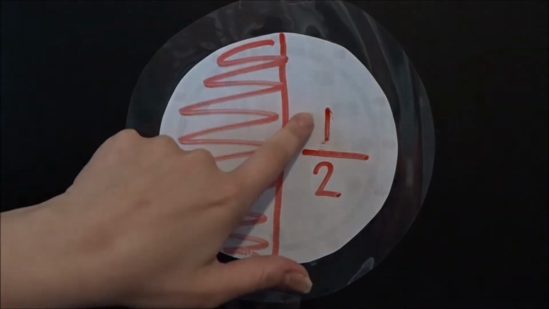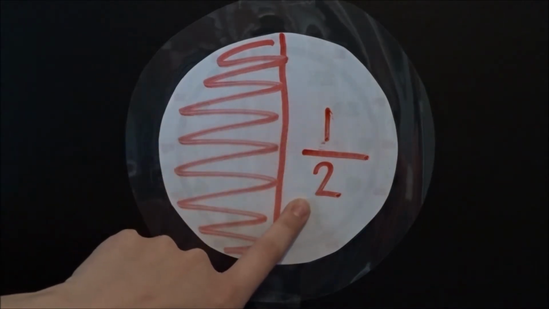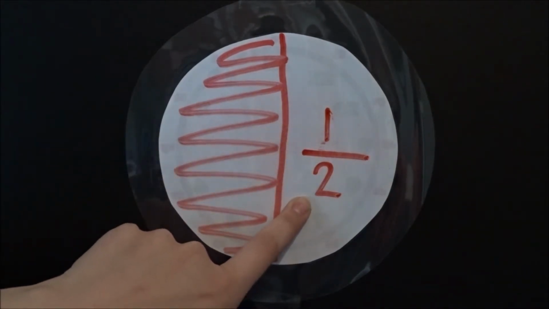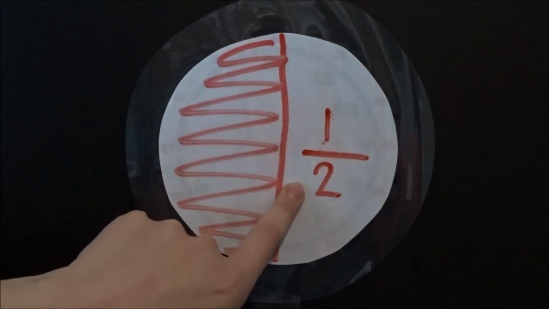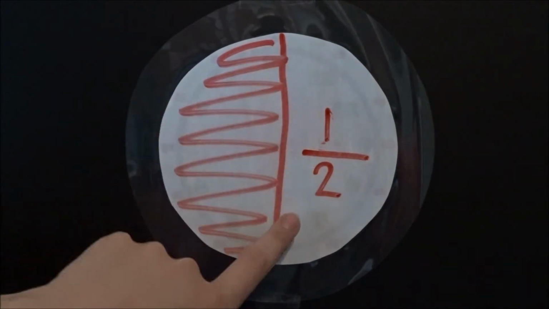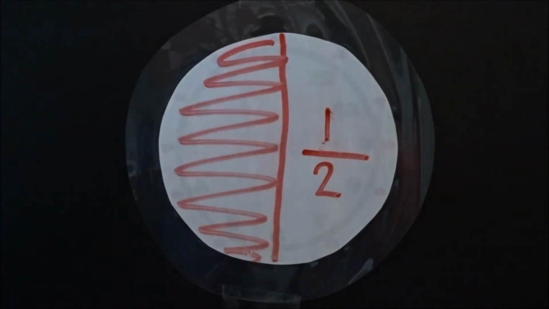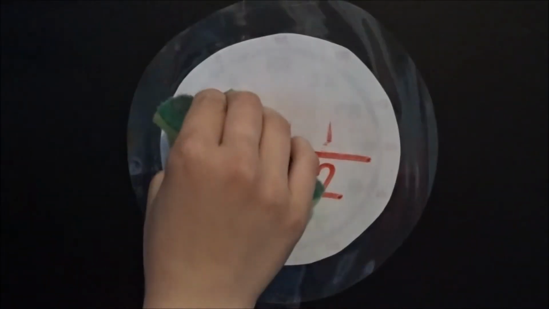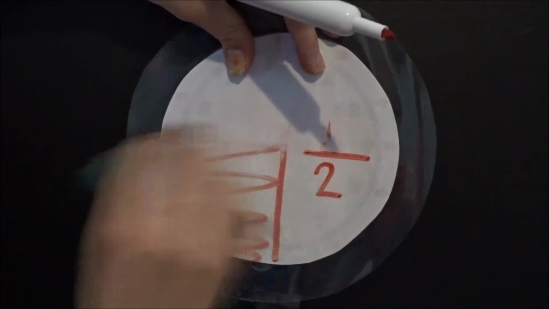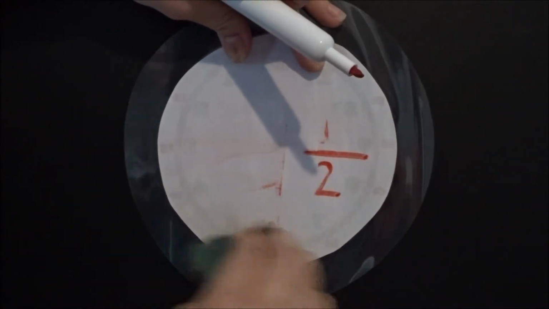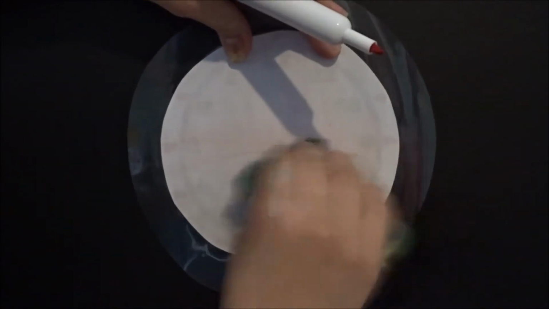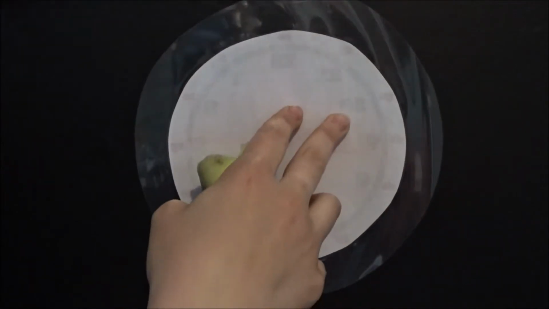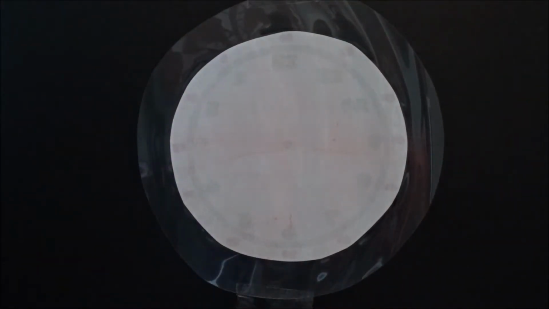So you've got the 1 up top and the 2 underneath. You've got 1 of 2. So you've got half. Now, if we were to move on to, let's say we split our pie up into 3 pieces, what would happen then?